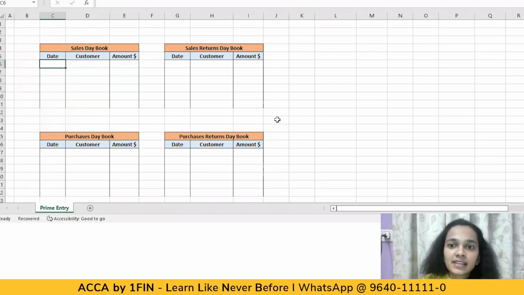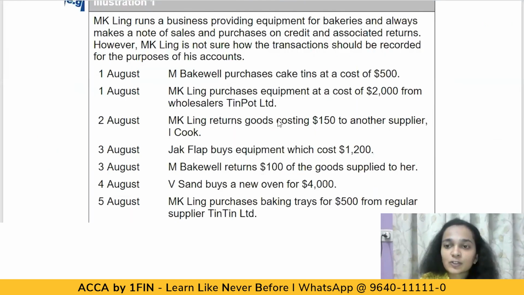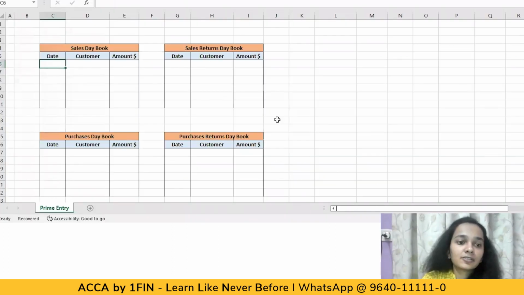So the first transaction, which was M Bakewell, she purchases cake tins at the cost of $500. So as you all said, it is a sale which is being made. So date is 1st August. Name of the customer, amount is 500.